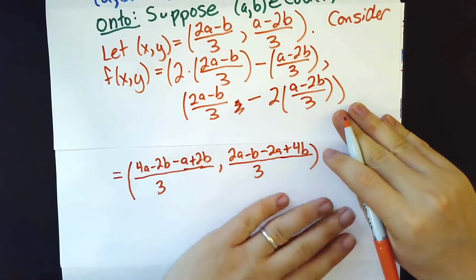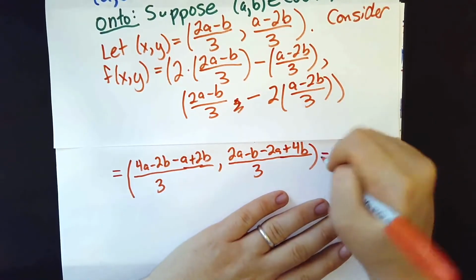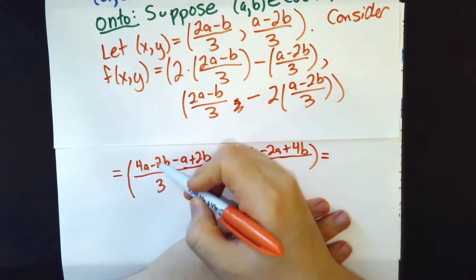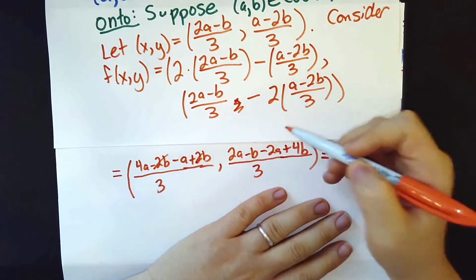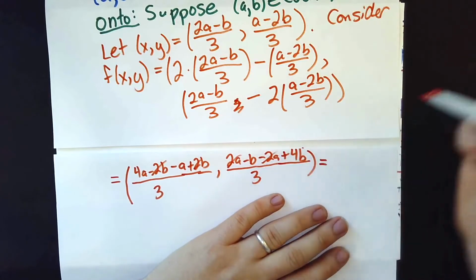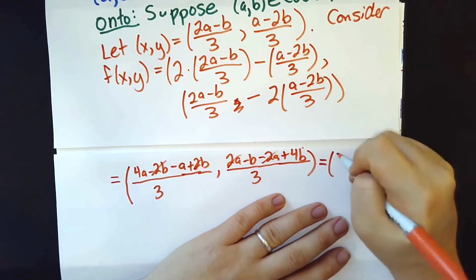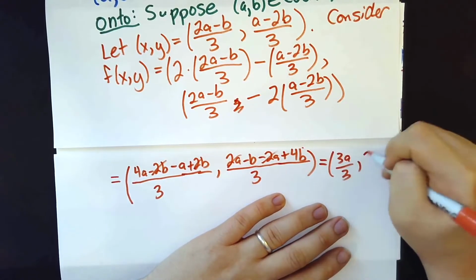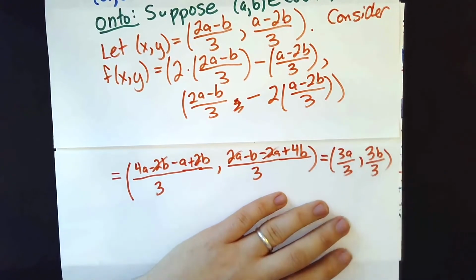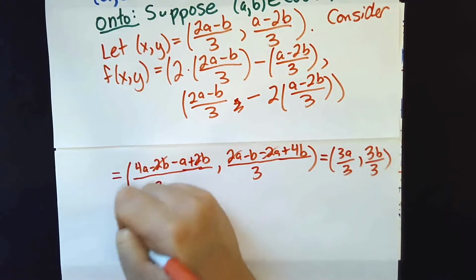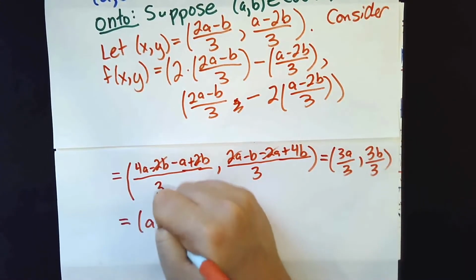Okay, and so maybe now we're to the point where you can see where this is going in your head, because now these 2b's cancel, these 2a's cancel, and so this is now 3a over 3, comma 3b over 3. And just like we hoped, that is a comma b.